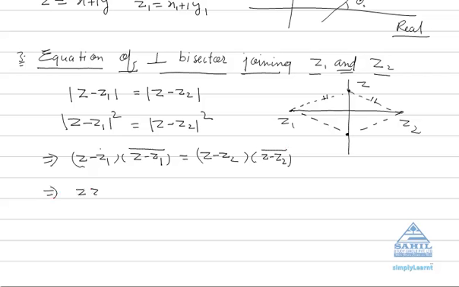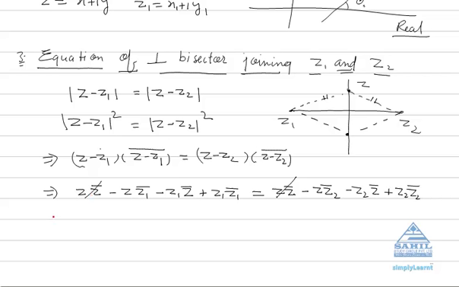It is z z bar minus z z1 bar minus z1 z bar plus z1 z1 bar, equals z z bar minus z z2 bar minus z2 z bar plus z2 z2 bar. You can easily cancel them out and reduce them into a simplified format.